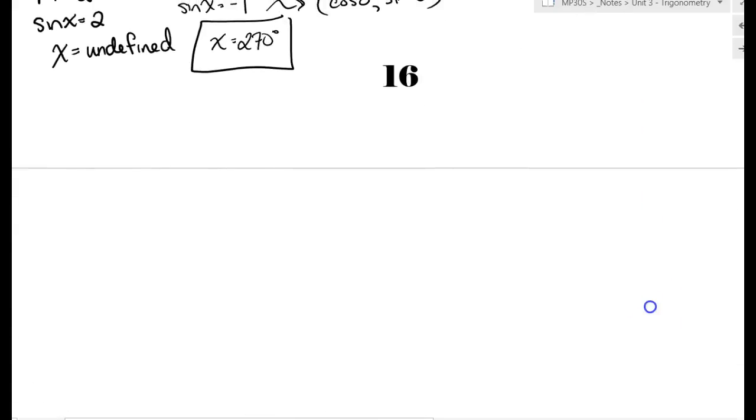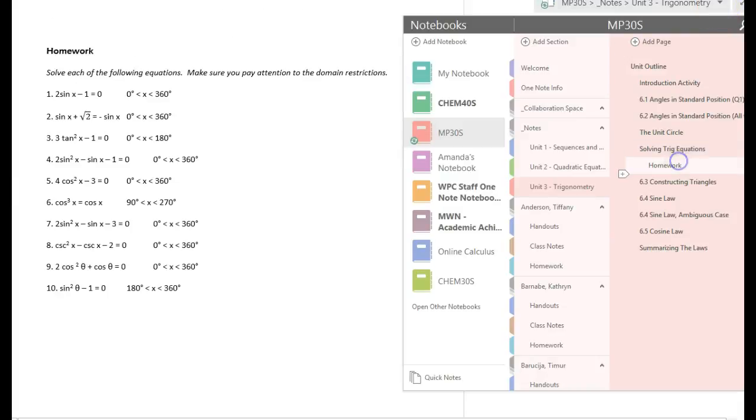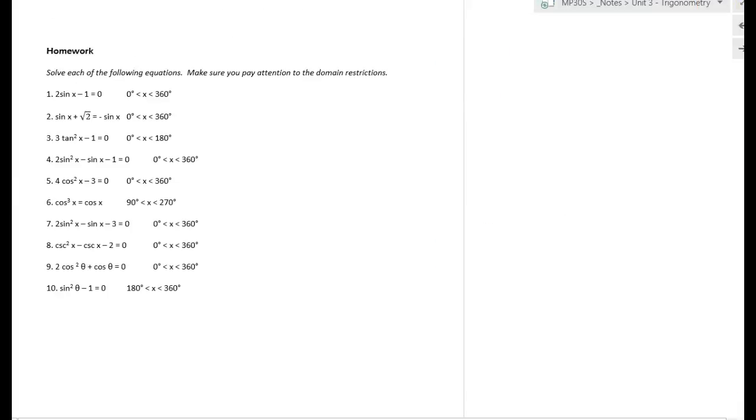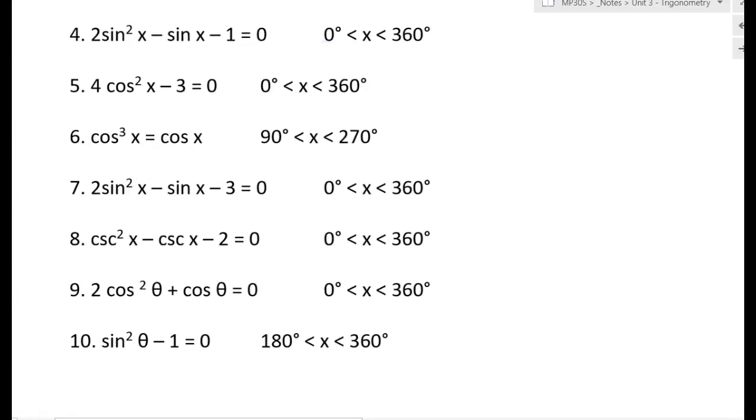So when you go to do your homework, if I'm not mistaken, there are some inverse trig functions. Yeah, we've got cosecant here showing up. Just remember that cosecant is the equivalent to 1 over sine.